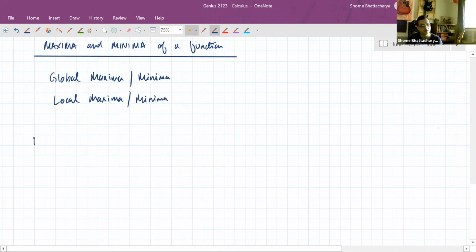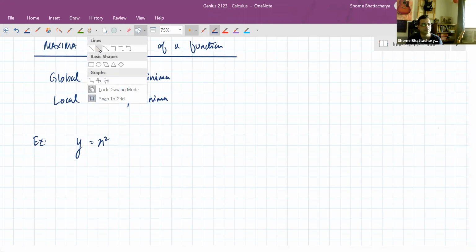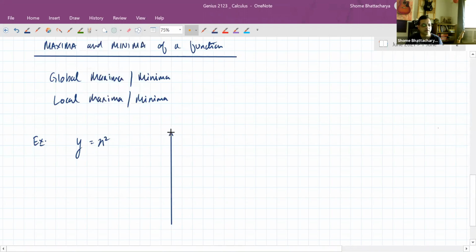So for example, suppose we are talking about a function like y is equal to x square. Now if you look at the graph of the function, I have not given anything specific about the domain. So if nothing specific is given about the values of x, that means I should take all values of x for which y is real, which is nothing but all real values of x.